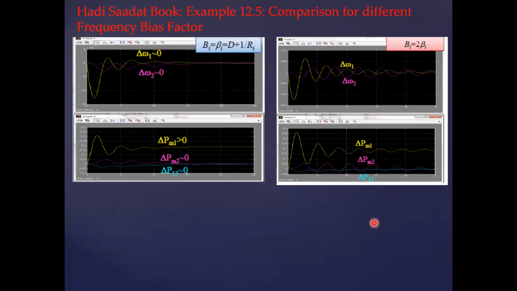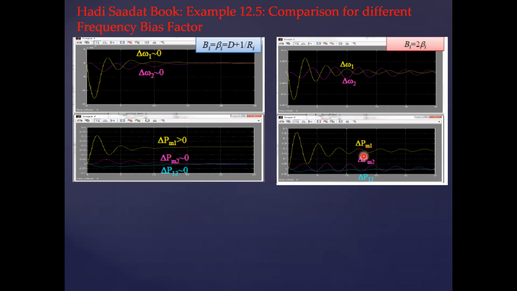No. Then we have, in fact, simulated results for the system for the same example. And here you can see when the frequency bias factor and the composite frequency response characteristic are this one, we have this profile, and this is the case when you have twice of it actually.